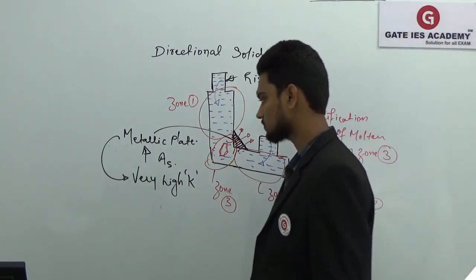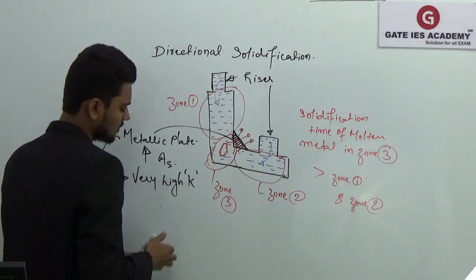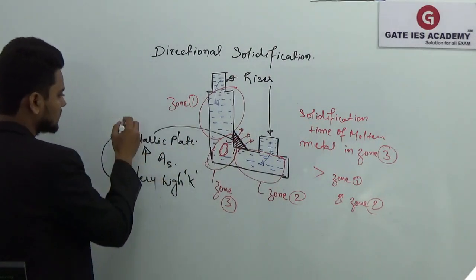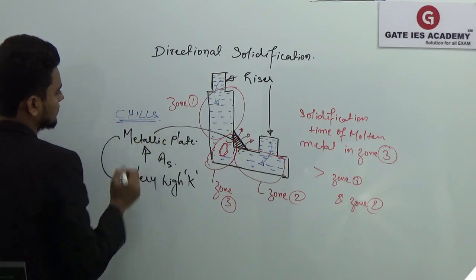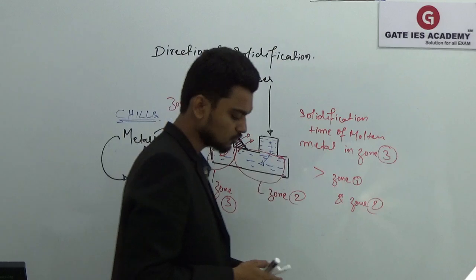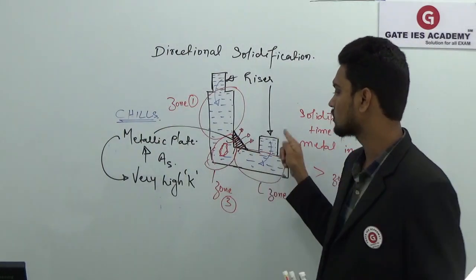So this metallic plate that we are placing at the corner is known as chills. This chills is used for directional solidification.